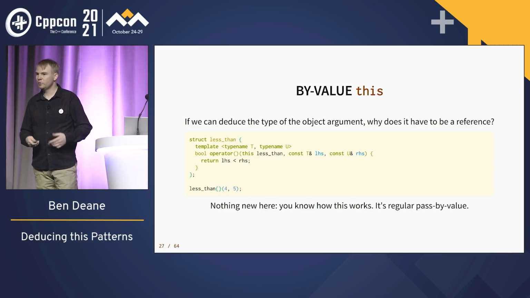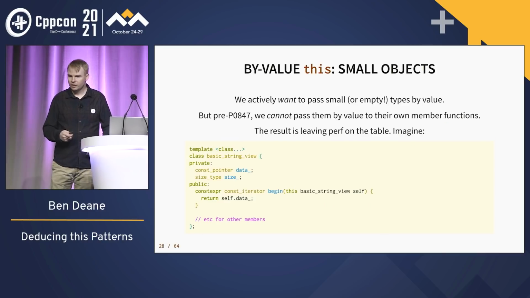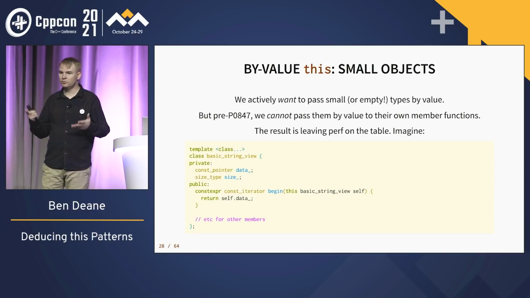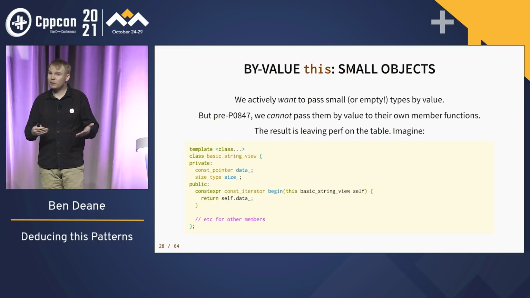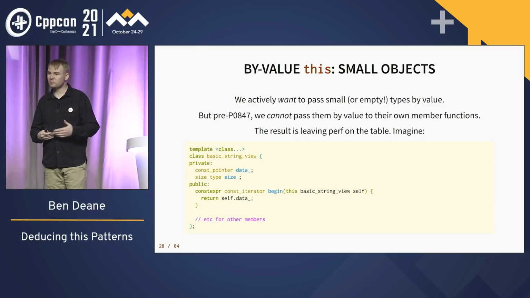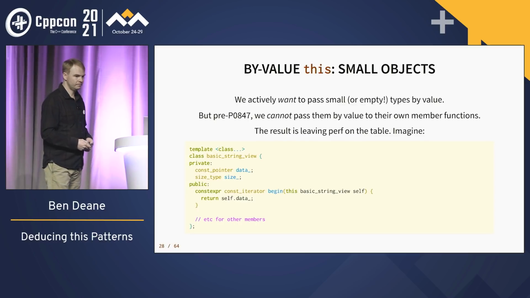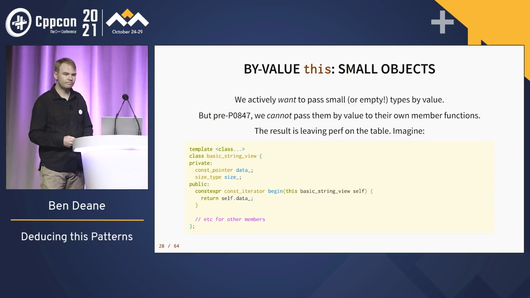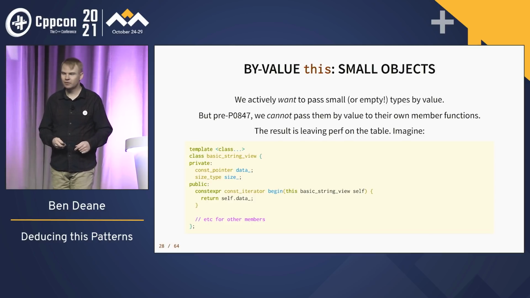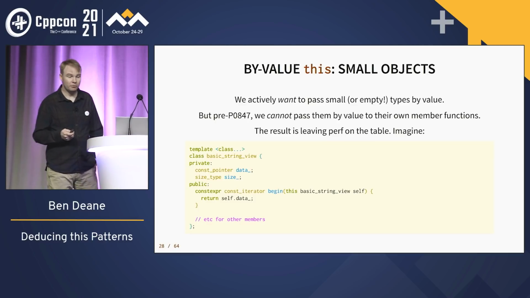So with P0847, we get this nice state of affairs. So yes, we actively want to do this for things that we tell people to pass by value, like string view. We can now pass by value to their own member functions, which we couldn't do before. Of course, it's unlikely we'll see this in the standard library because of ABI, but we can dream. And we can certainly write it in our own code.